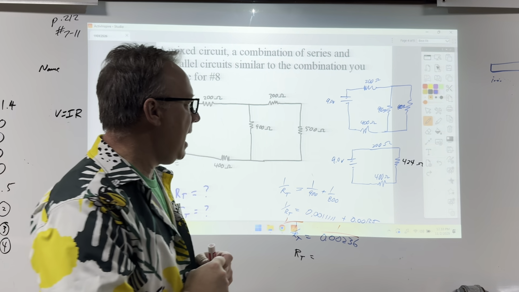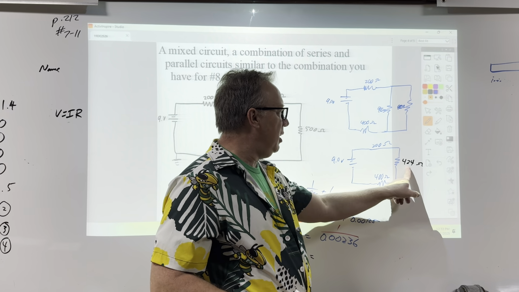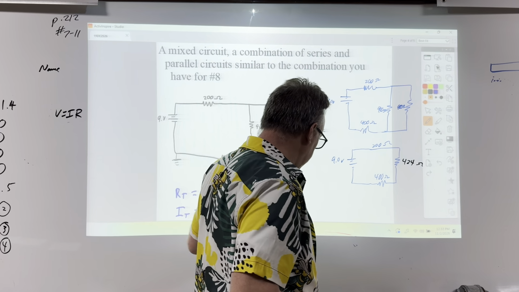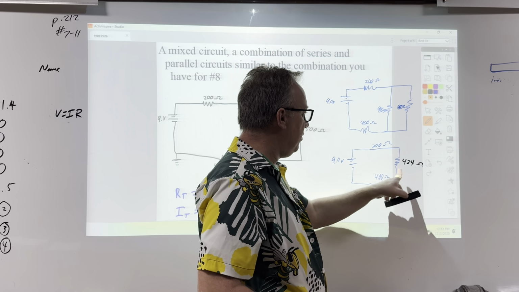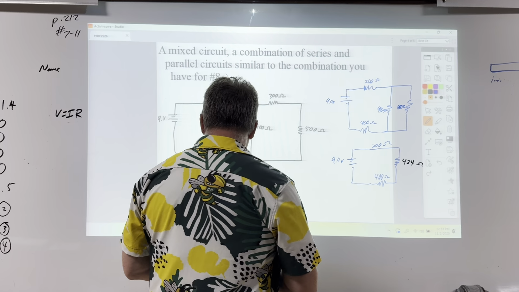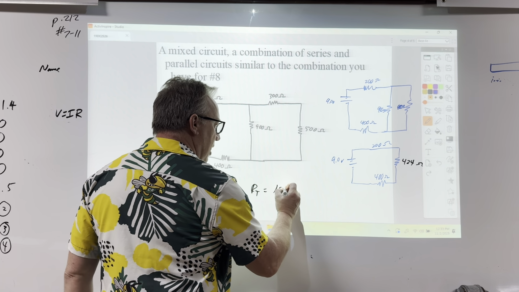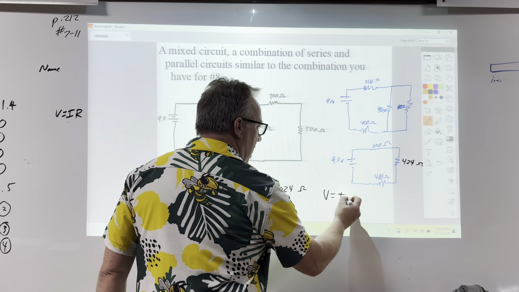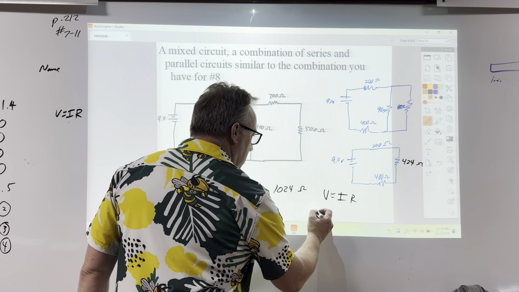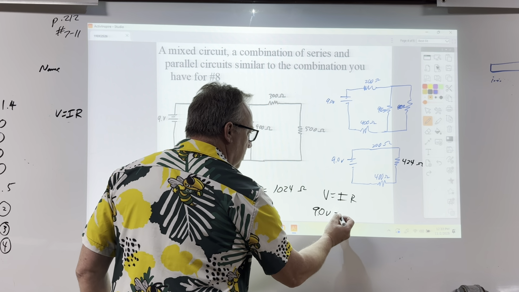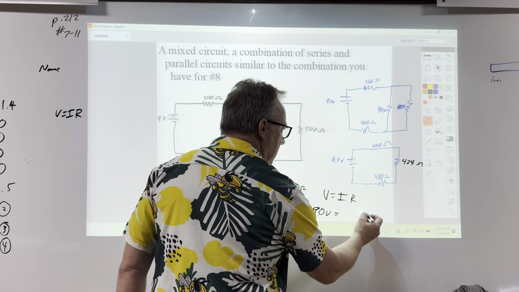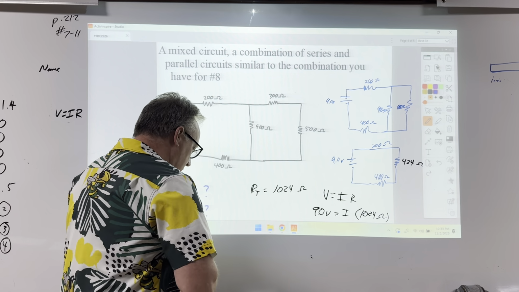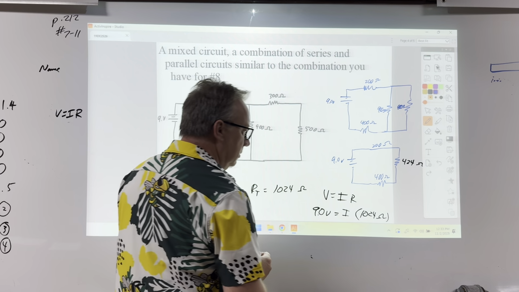And then you just add them. So these two is 824 plus that one is 1024. So 424 and 400 is 824, and 1024. So if RT was 1024 ohms and V equals IR, and we have 9 volts, and your resistance is 1024 ohms, we are looking for I. So this is a lot like the one in your book.